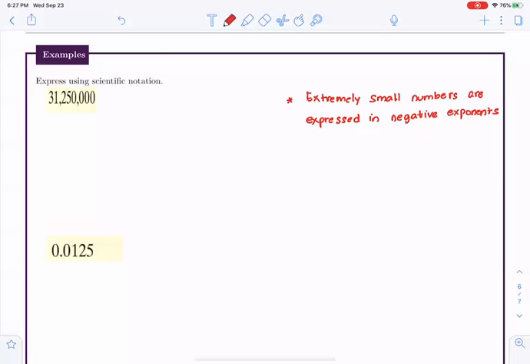On the other hand, large numbers are expressed in positive exponents.